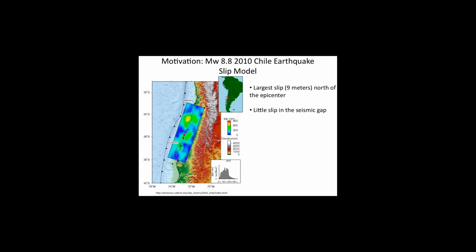You can also see that this model doesn't have significant slip south of the epicenter in the seismic gap. So based upon this model, you may conclude that there's still the potential for a large earthquake near and south of the epicenter of this event.